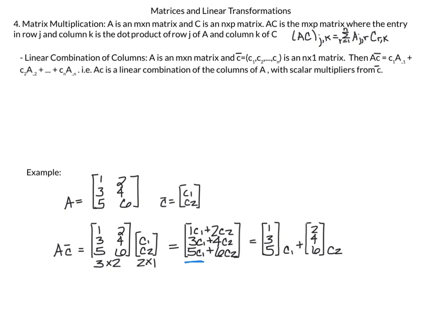In other words, you can look at this as one vector that gets multiplied by C1, and another vector that gets multiplied by C2. So we have the vector 1, 3, 5 multiplied by C1 plus the vector 2, 4, 6 multiplied by C2.